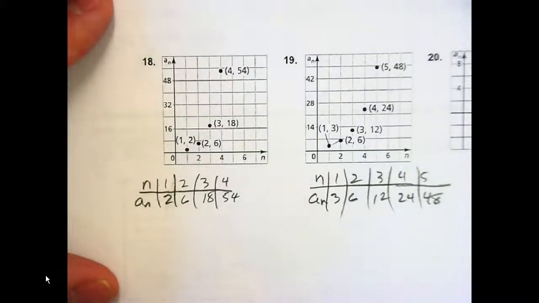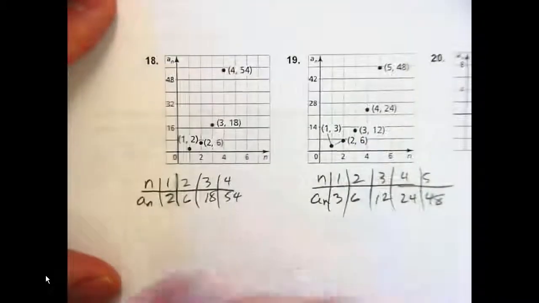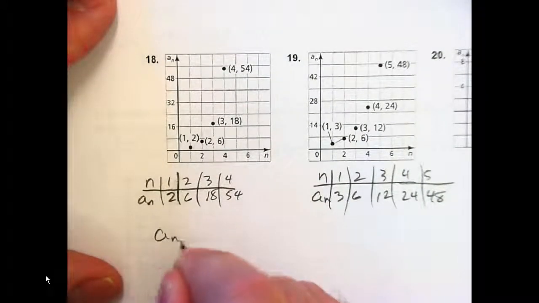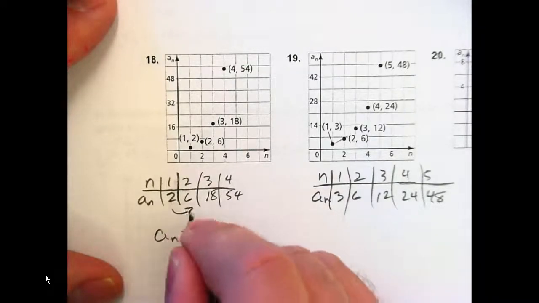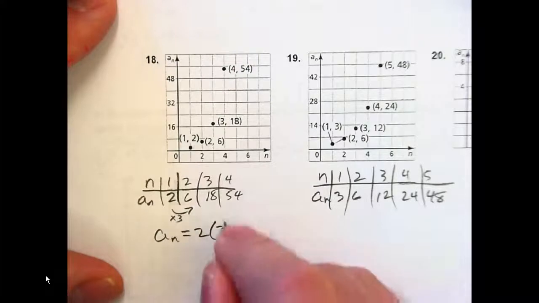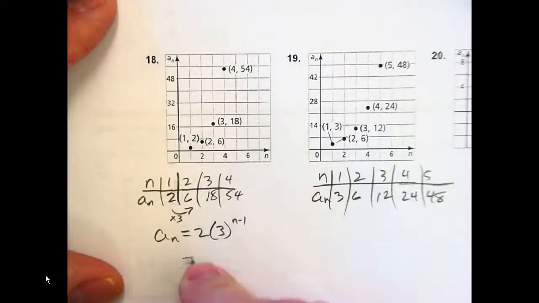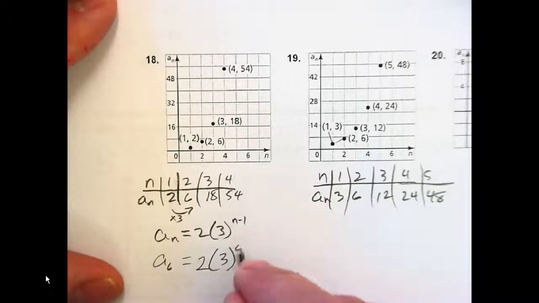Okay, and if we were to write our equation for this one, we get a sub n equals 2 times 3, since we're multiplying by 3 every time, to the n minus 1. And when we plug in 6 there, we get a sub 6 is equal to 2 times 3 to the 6 minus 1, or to the 5th power. And that gives us a value of 486.